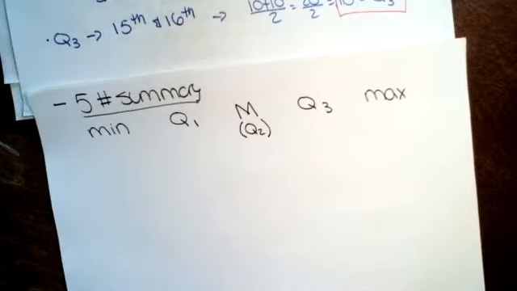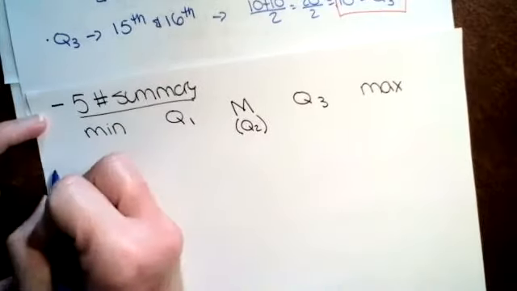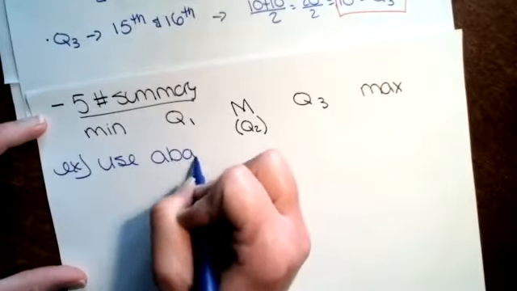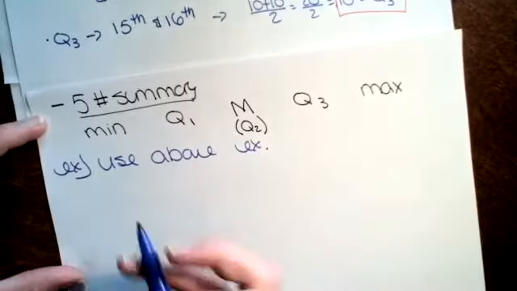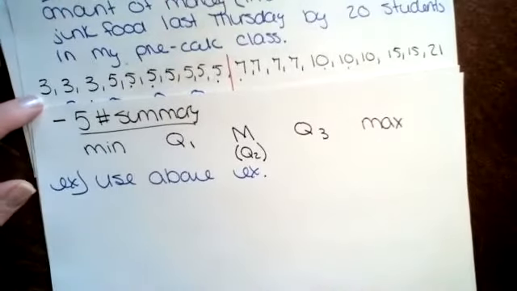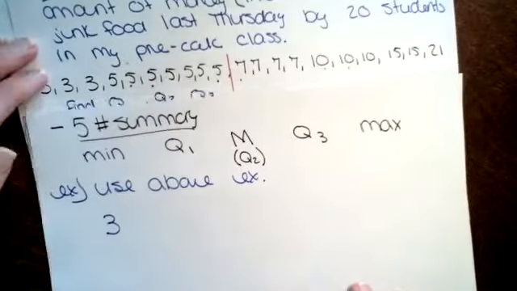Okay, so let's take a look at this with this last example. We're going to use the above example. If we take a look at our raw data here, I can see my smallest number is 3 because it's ordered. So I have a 3 here, and we calculated the quartiles.